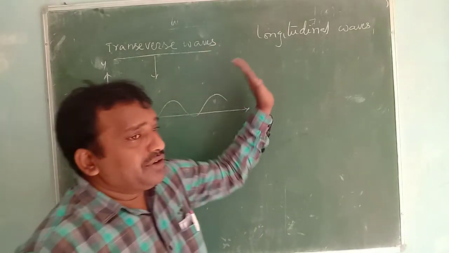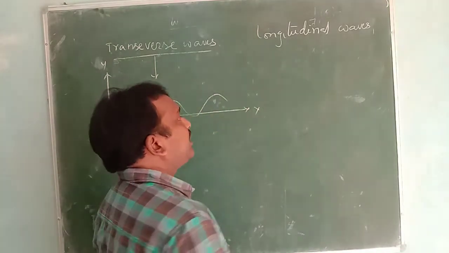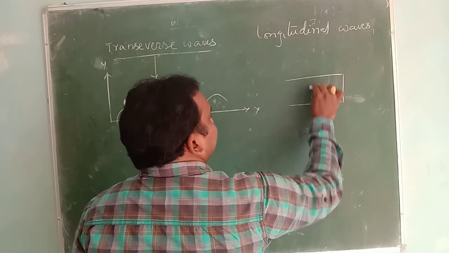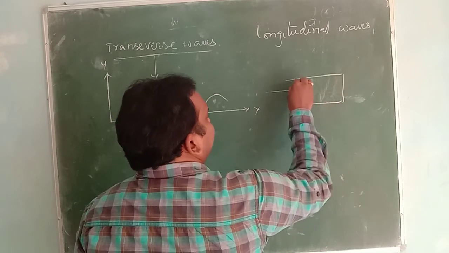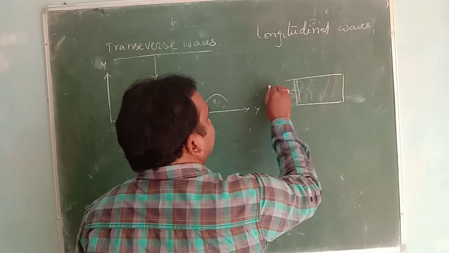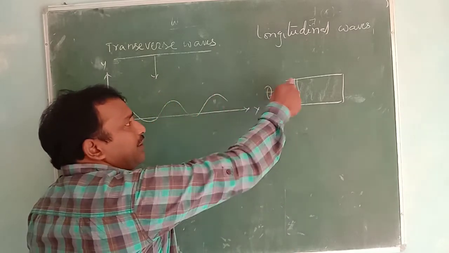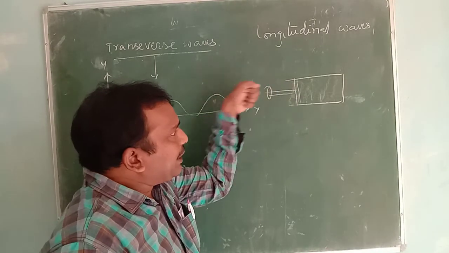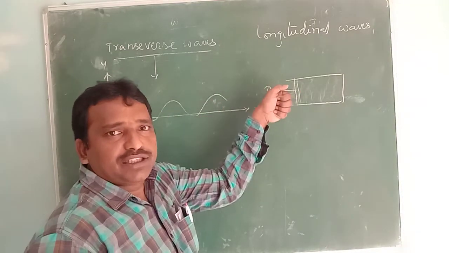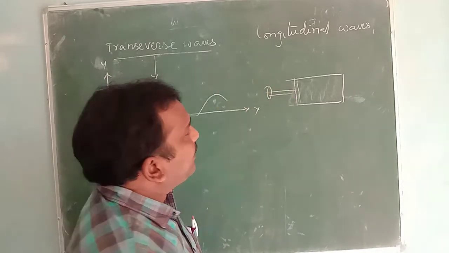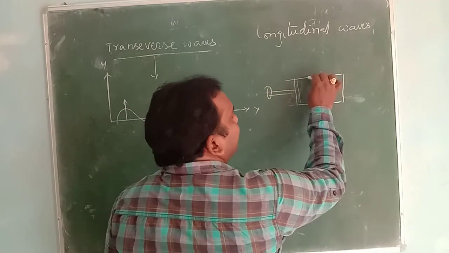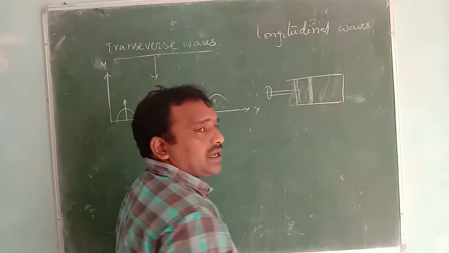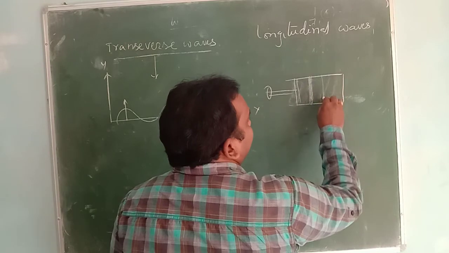Whereas for longitudinal waves, for example, if you take a cylinder in which gas is filled, and using a movable piston you push and pull continuously, that means periodically, then what happens? The gas molecules will be gathered at one point, dense, and at some other point it will be normal.